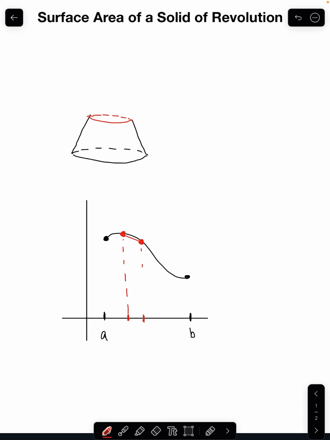Upon revolving this about the x-axis, this would form a frustum of a cone because it would have a circular face here, and it would have a circular face at the bottom.